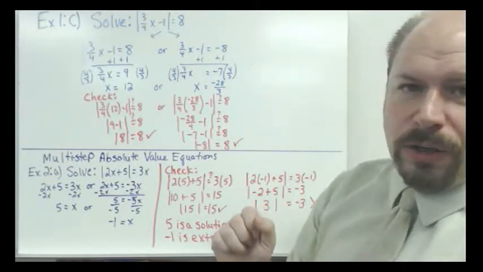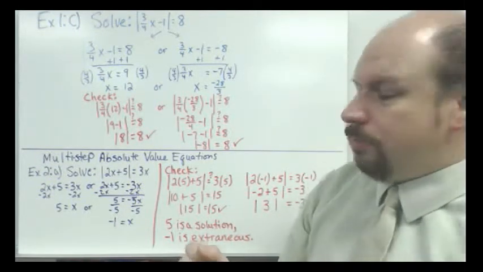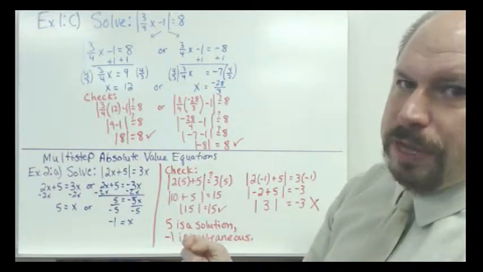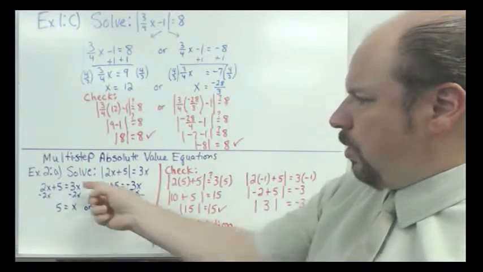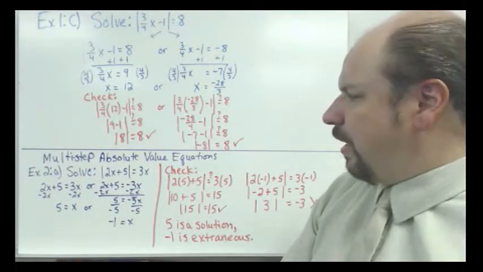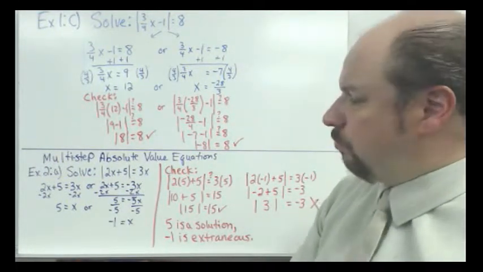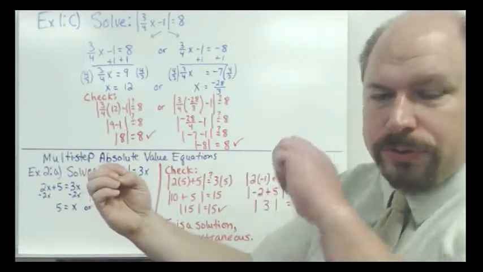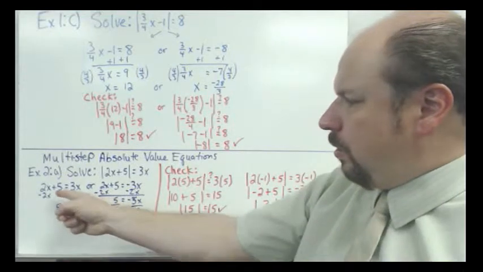Okay, so now let's get a little more complicated equation yet. Here's a multi-step absolute value equation. We want to solve this: the absolute value of 2x plus 5 equals 3x. So again, split it up into the two separate equations.